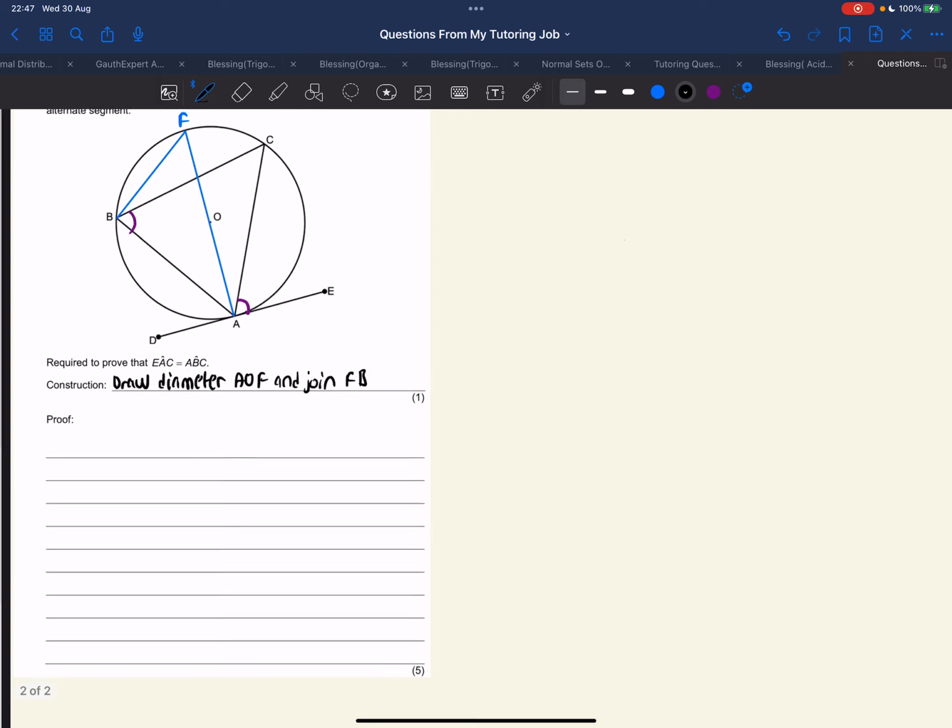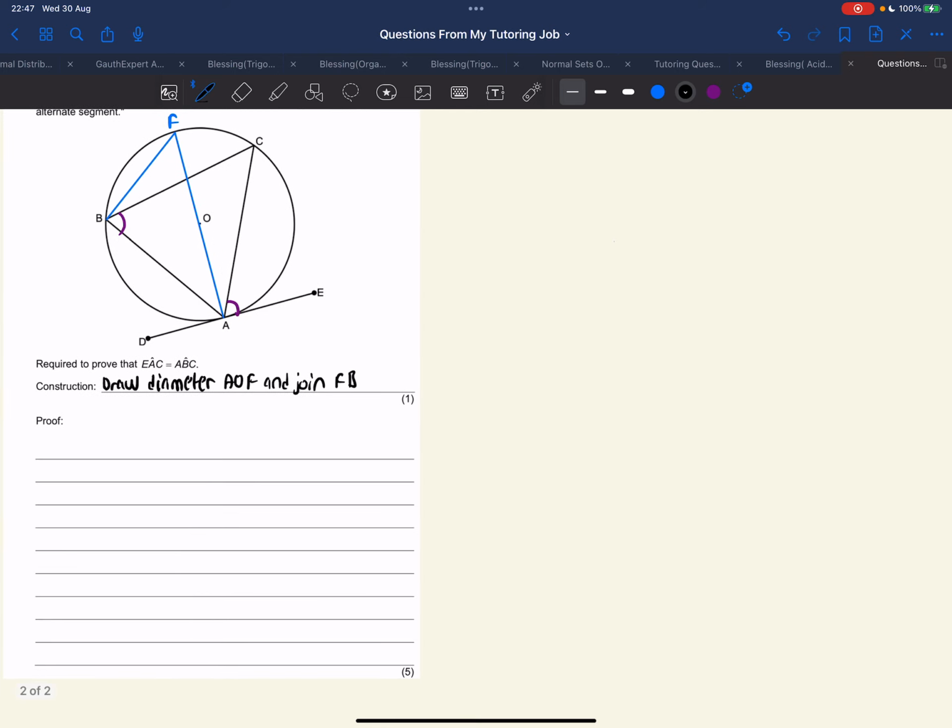Now going to the proof part of it, I'm gonna call this angle A1 and this angle A2. Then I'm gonna call that other angle there B1 and that other angle there B2. So basically angle EAC is gonna be angle A1 and angle ABC is gonna be angle B2.